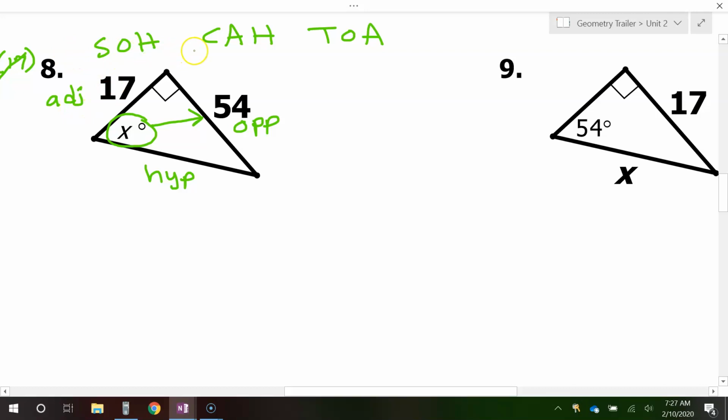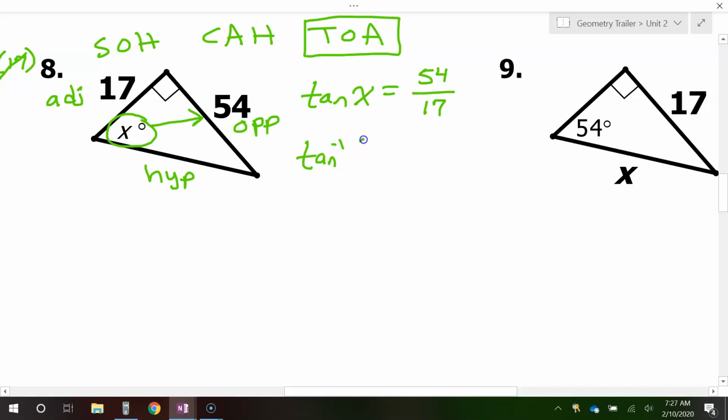Which trig function involves opposite and adjacent? That is the tangent function. So we should start by writing tangent of the angle that you circled, even if it is a variable. Tangent equals opposite over adjacent. So that is 54 over 17. When the variable is inside the trig function, that's when you do the inverse. So we will do inverse tangent.